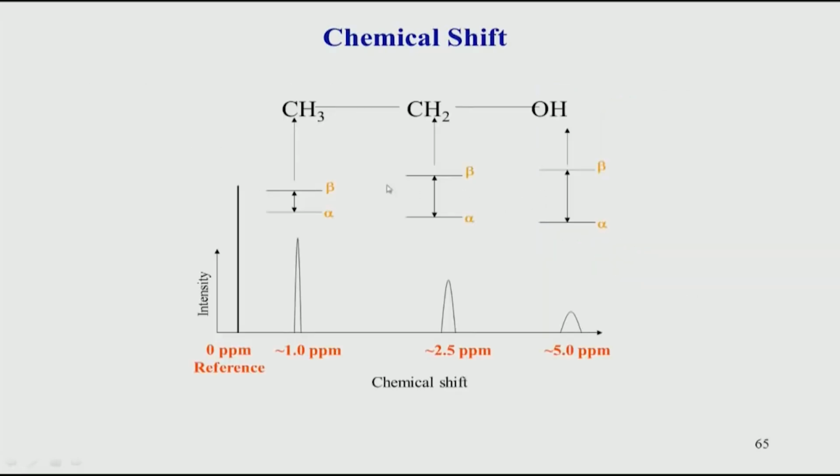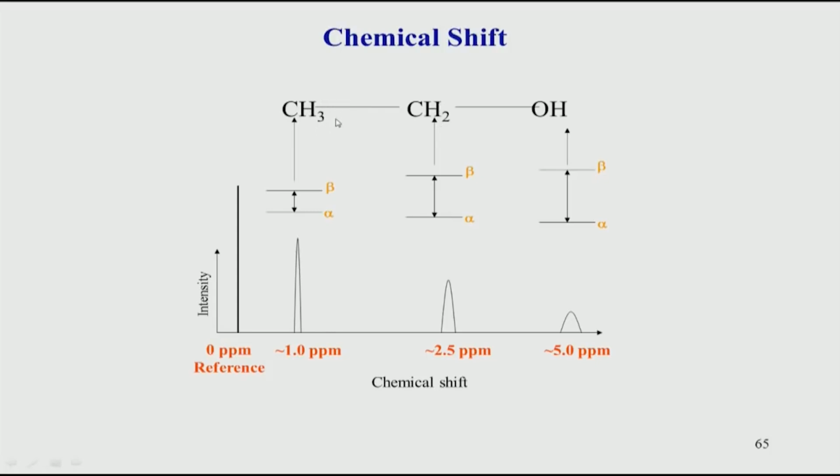If you look at this structure now, CH3 CH2 OH, this is ethanol, a standard compound. What happens is the shielding for this nucleus, that is this proton here, is slightly different from the shielding caused by the electrons around this hydrogen, and which is again different from the shielding around the nucleus of this hydrogen.